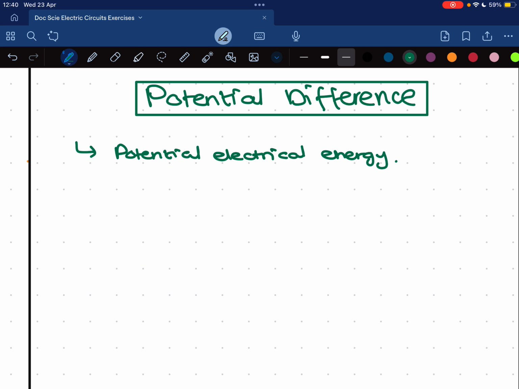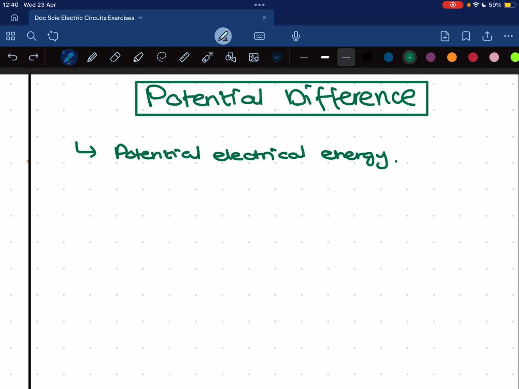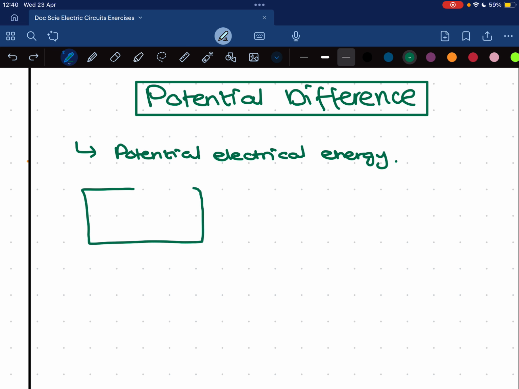So if we considered a conductor, if you can recall from chemistry, we said that conductors allow for the flow of electricity because they are metals.